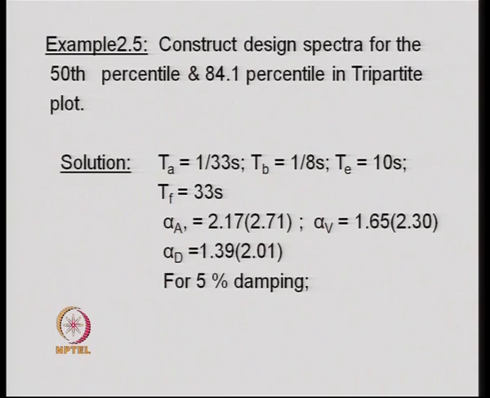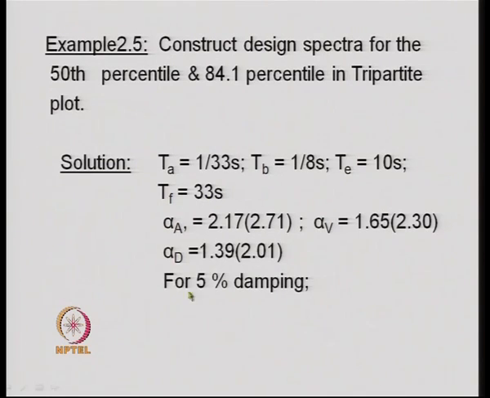So, we can have these two earthquakes, and for these earthquakes one can construct design spectra given the following quantities. For example, TA was given as 1 by 33 second, TB was 1 by 8 second, TE was 10 seconds, and TF was 33 seconds.